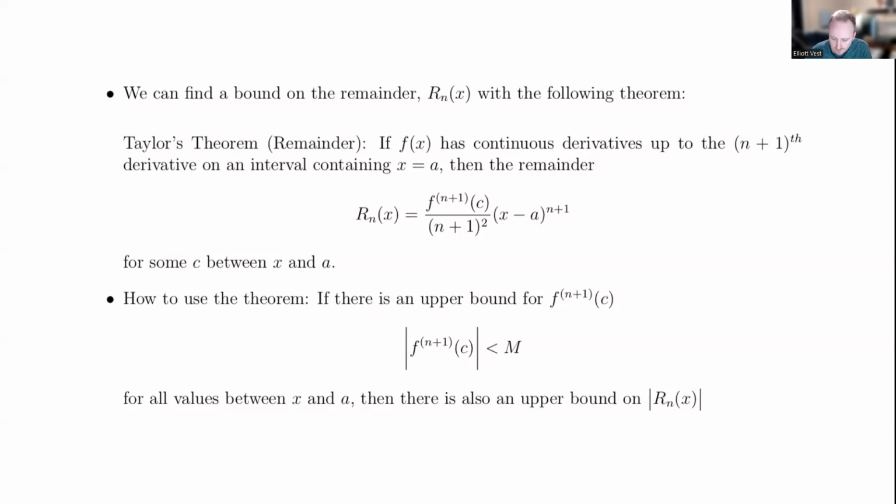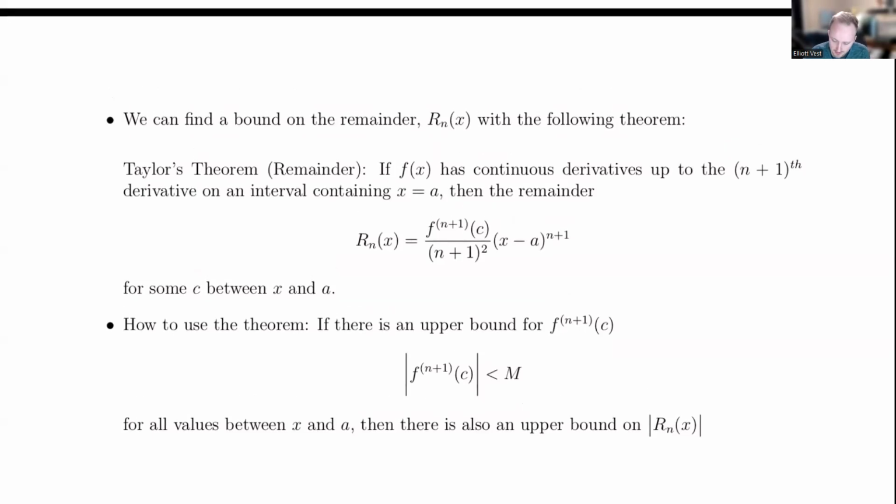And before I read it out loud here, just remember your Pn of x is equal to f of a plus f prime of a times x minus a, plus all the way to your nth derivative of f at a over n factorial times x minus a to the n here.